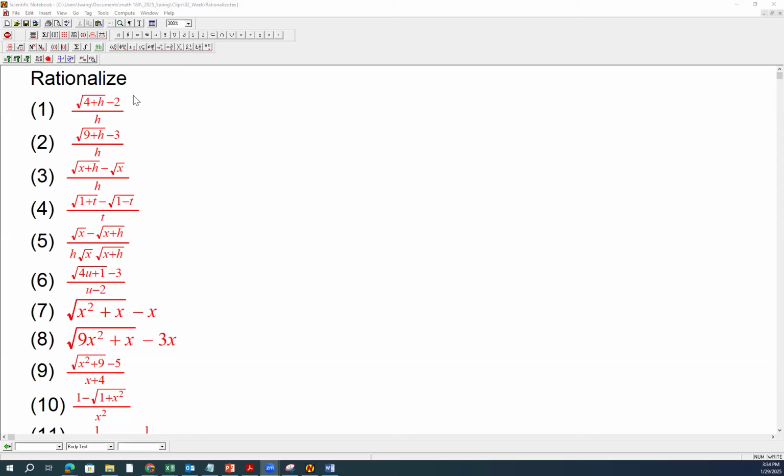Rationalization typically is to get rid of radicals either in the numerator or in the denominator. In most cases in calculus, we are going to need to rationalize the numerator. So all of these questions are about rationalizing the numerator.